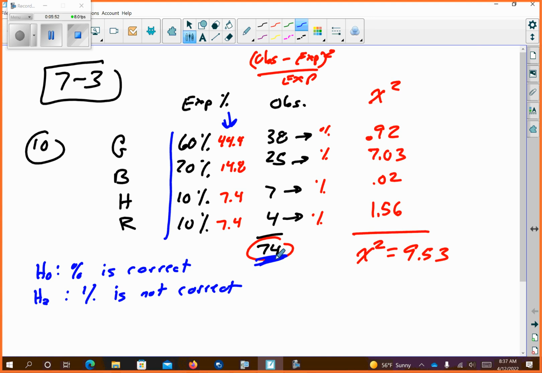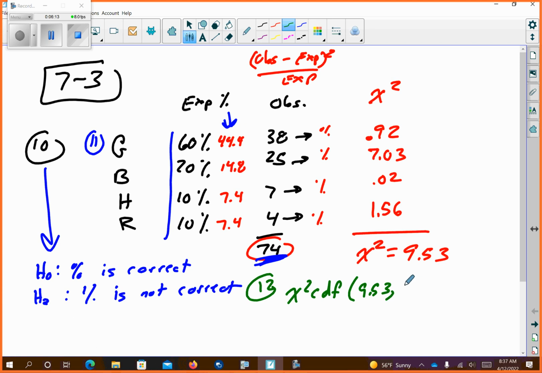All right, so that was 10, this is 11, so this is 10 down here, this is 11, filling that out. And then number 12 would say we're going to do this, chi-squared CDF, and we're going to go 9.53. And this has got to be some sort of huge number. So 100,000, 10,000.